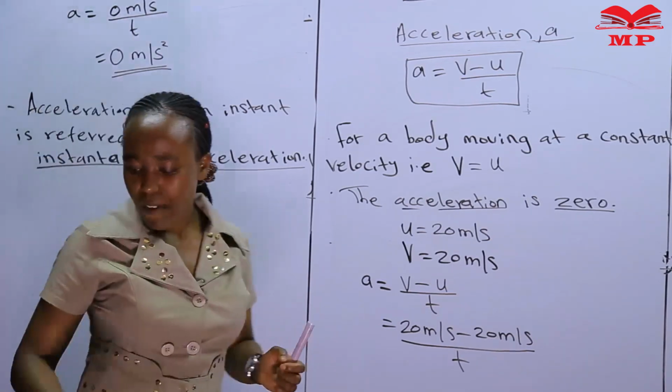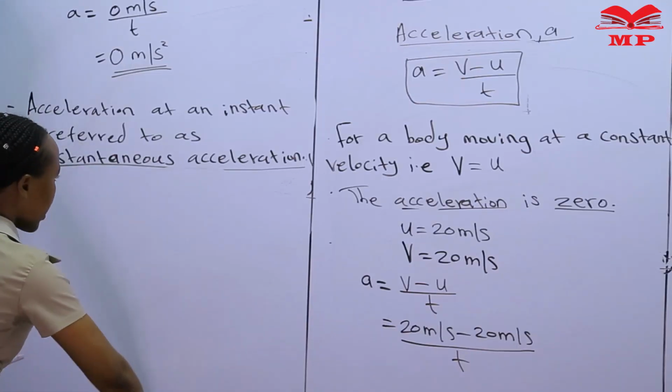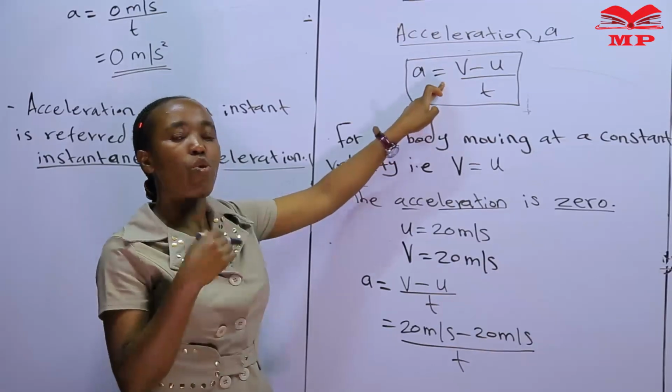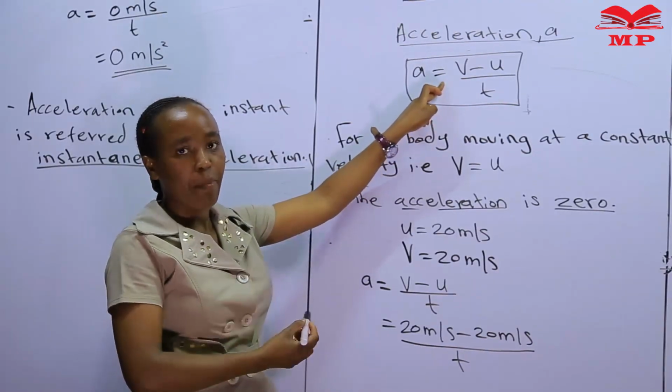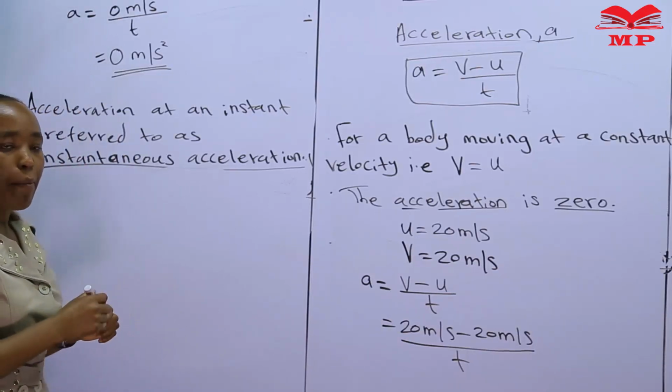Then we also have another case whereby we can have a body whose velocity is changing uniformly with time, that is, at equal time intervals.